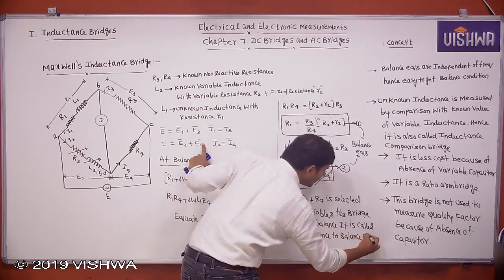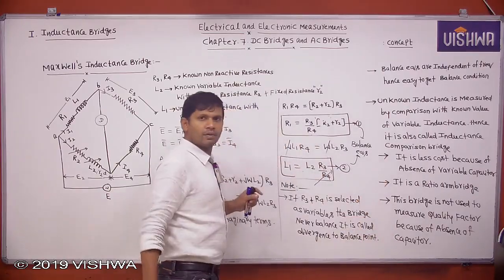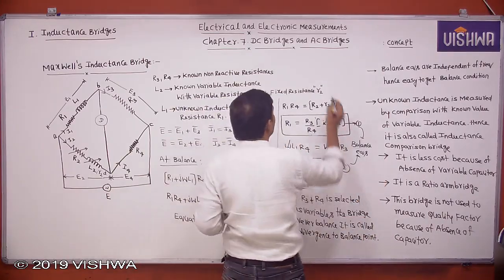It is called divergence to balance point. Now, one more point.